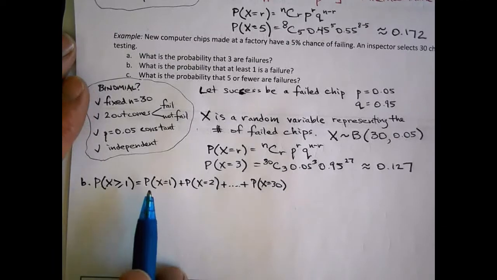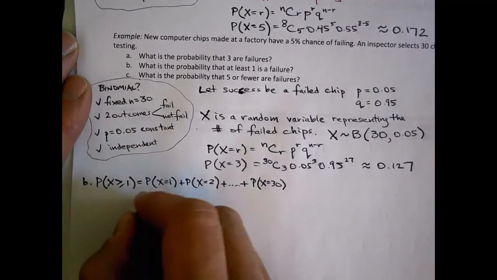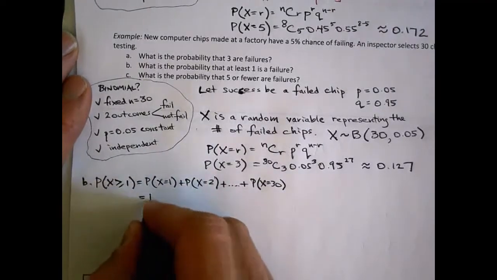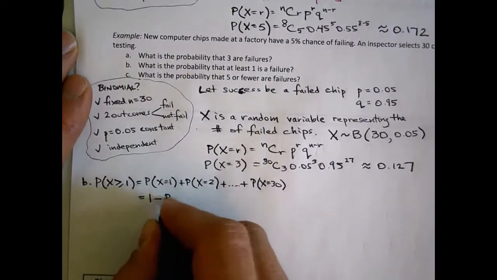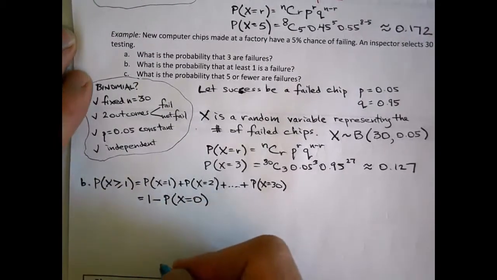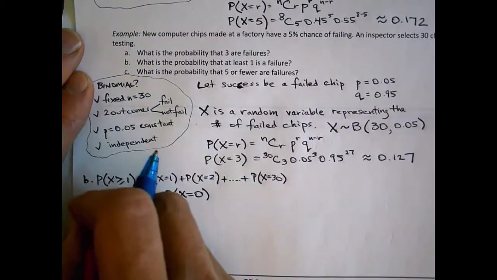Of course, we know that we don't need to do all these probabilities. We have a shortcut that we could use, which is the complement. This is 29 of my possible 30 probabilities. I'm just going to find the complement of having 0 failed chips. So this is using the complement.